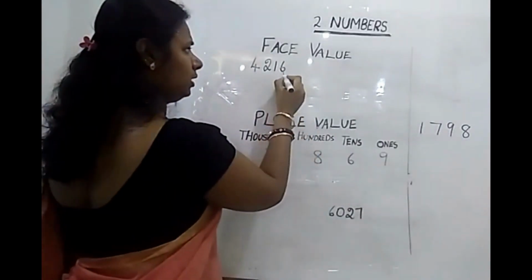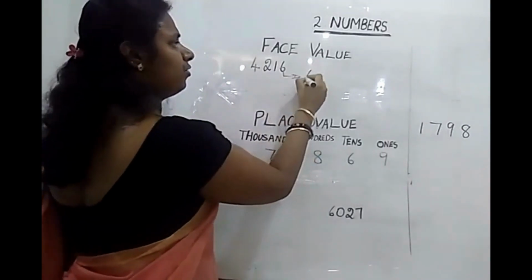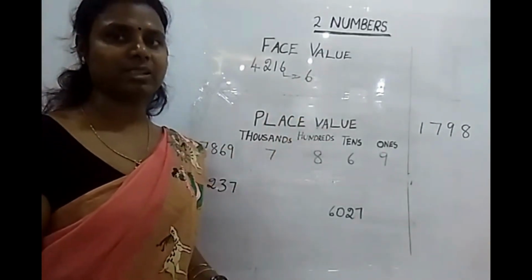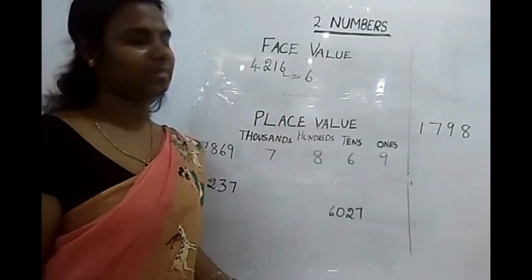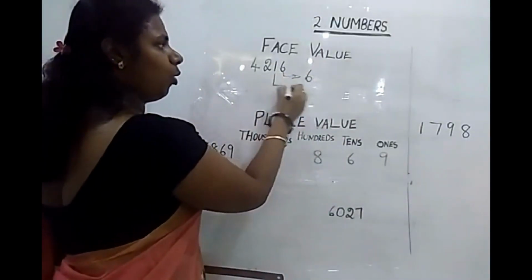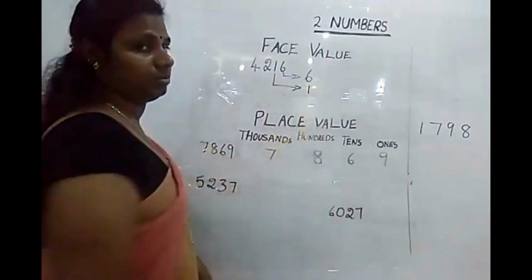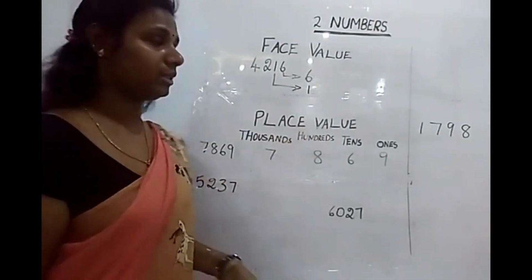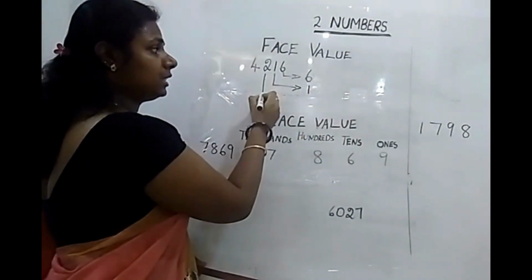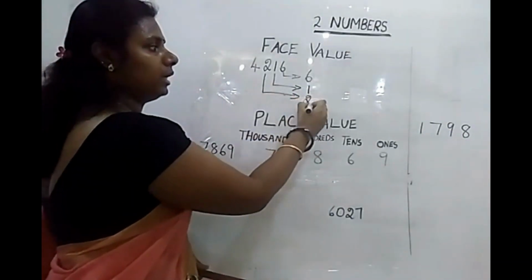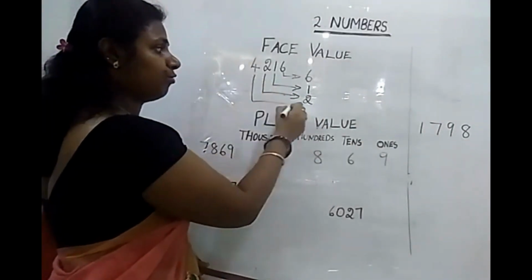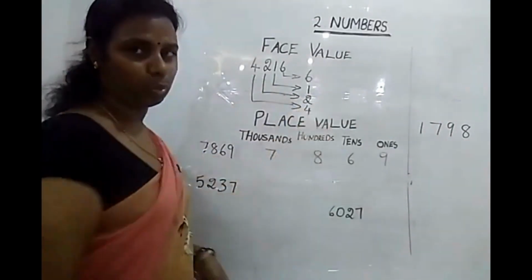The face value of 6 is 6. Face value of 1 is 1. Whatever the place may be, we don't have to bother about that. The face value of 2 is 2. The face value of 4 is 4.